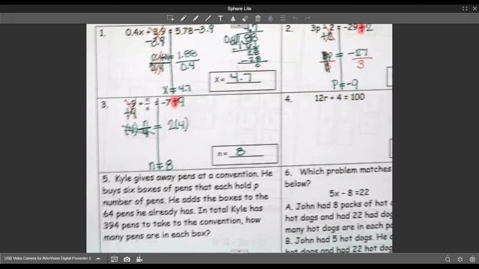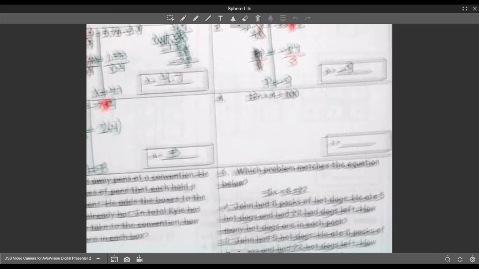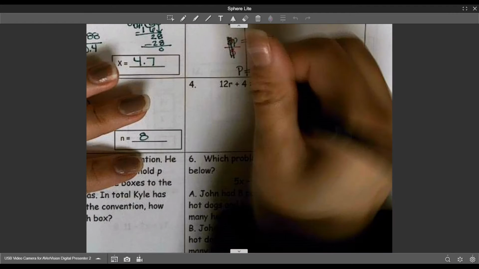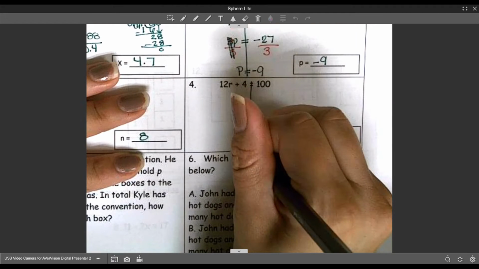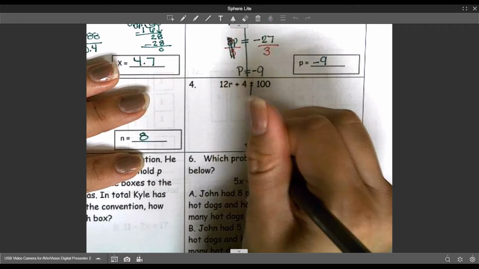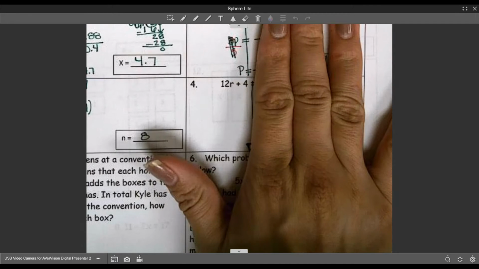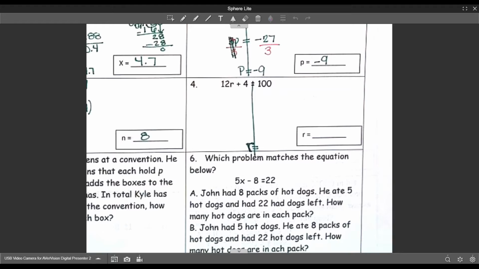Number 4. Again, same thing. I'm going to put a line through the equal sign. This is the letter R, equals. And what do I get rid of first? The 12 or the 4? Very good, the 4.